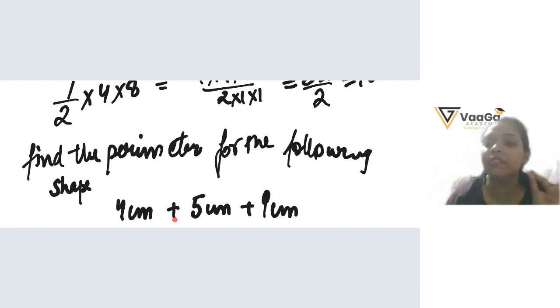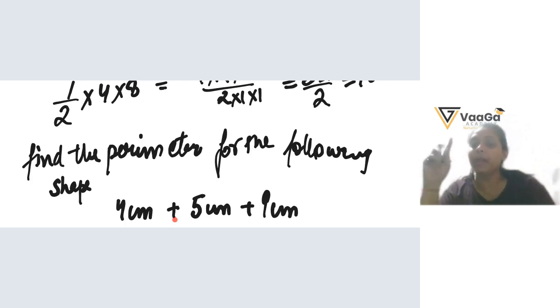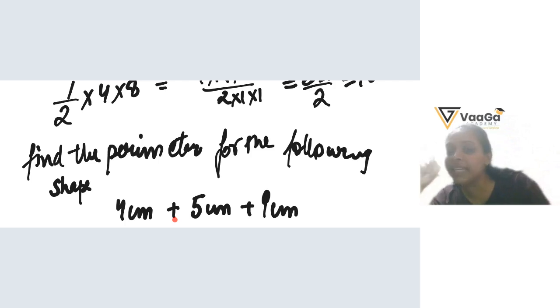So when we add, we don't put square. We put square when we multiply same kind of things, like multiplying 4 centimeter into 5 centimeter. That's when we put square. And when we add, we just put centimeters. If we add 4 plus 5 plus 9 centimeters, the unit will be centimeters.